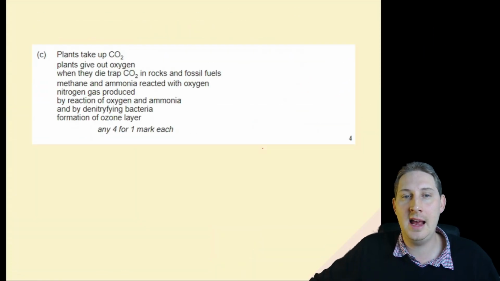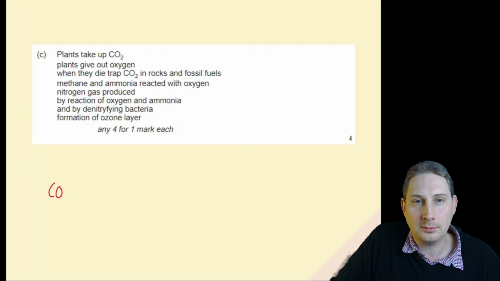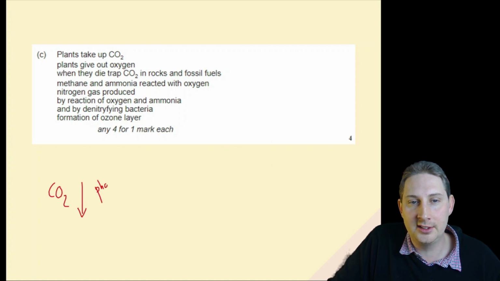Okay, so any of these, 1 mark each. So carbon dioxide, it goes down because of photosynthesis. It also goes down because it's locked up as fossil fuels.